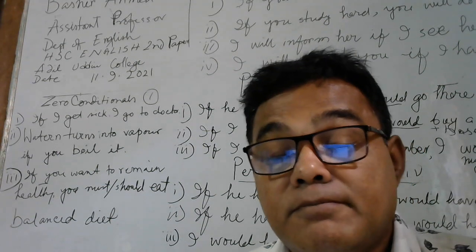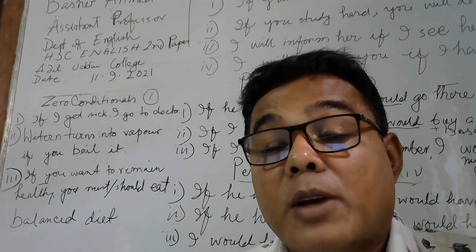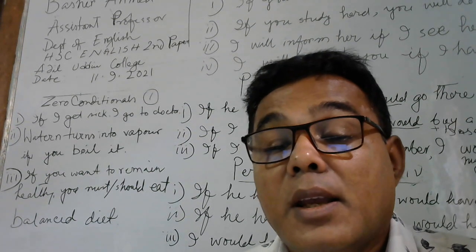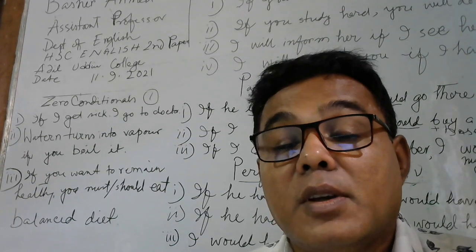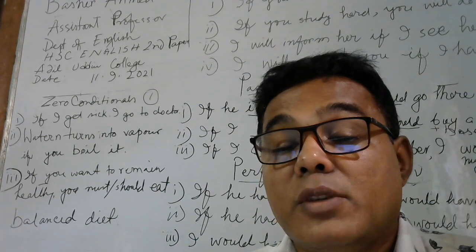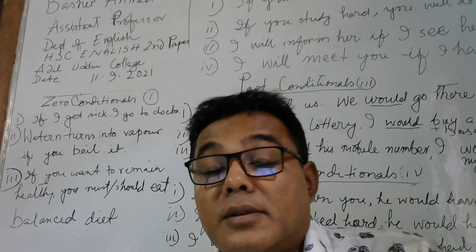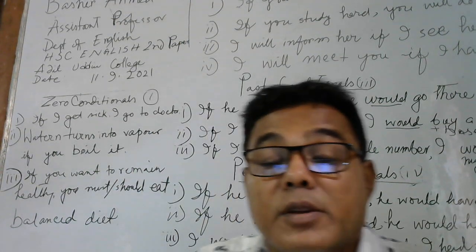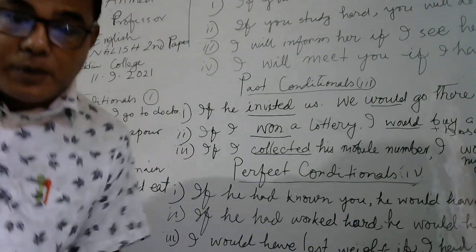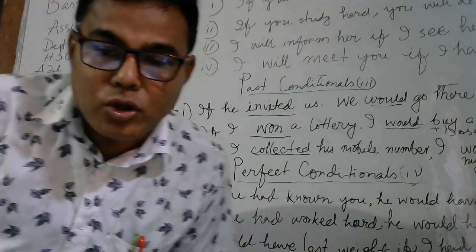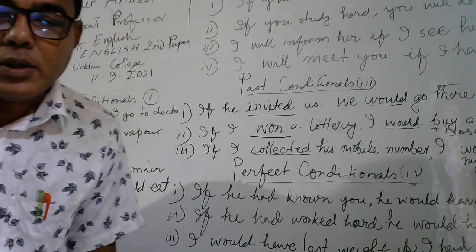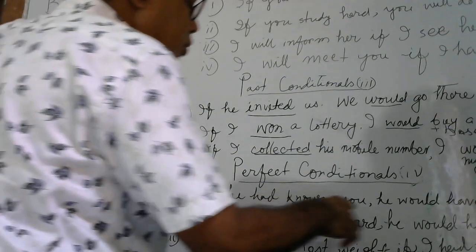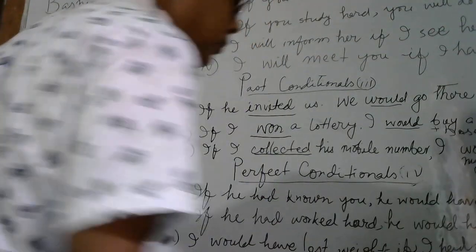And you know the past perfect sentence, we use had after the subject and the past participle form of the verb. That is, for example, if I had known you, if he had known you, he would have called you.